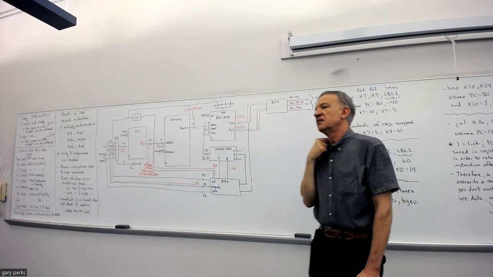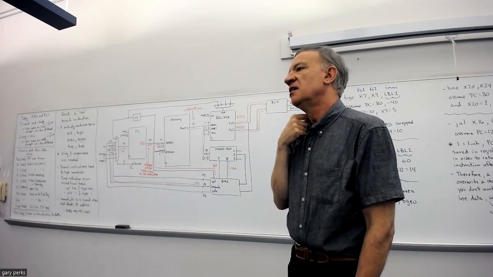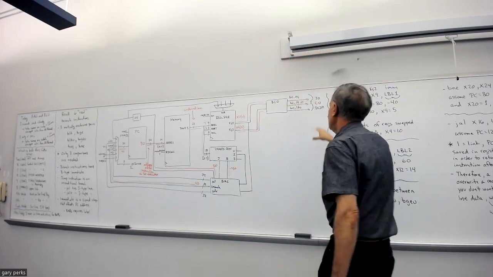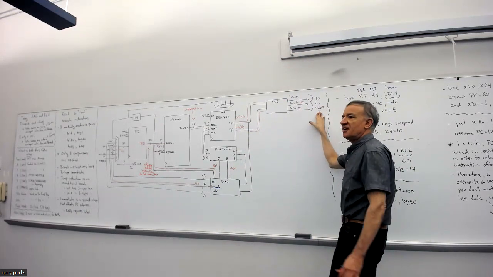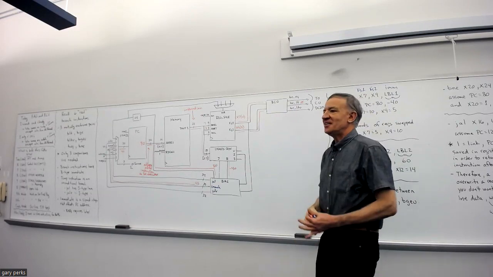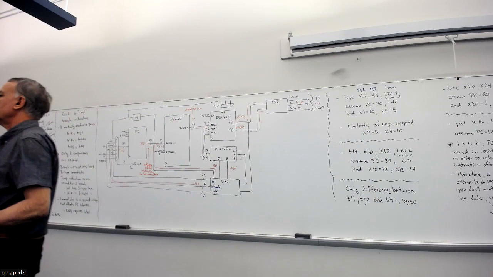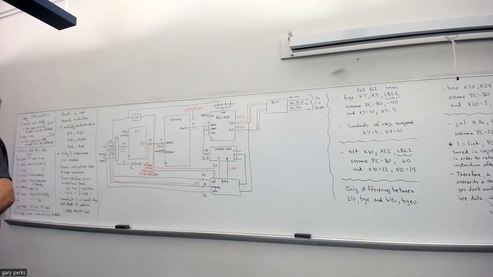But what happens to the 0 when it goes to the C? Okay, well, that's for later. If you look at the output of the control unit decoder, what do you see?